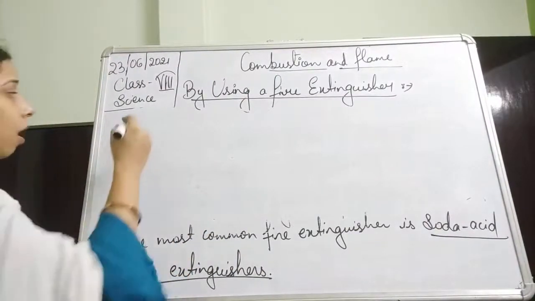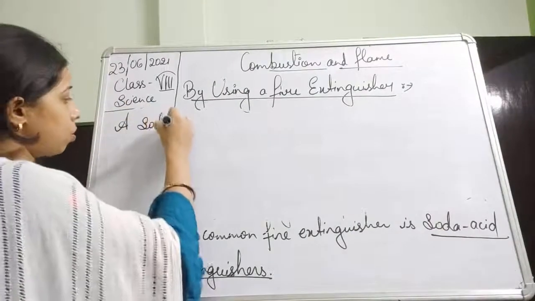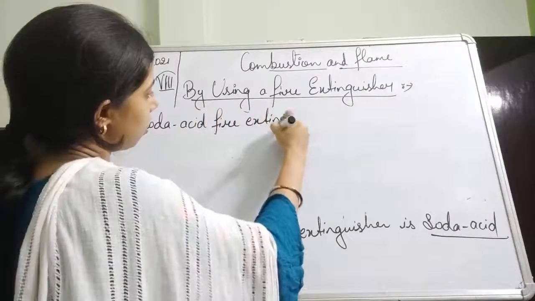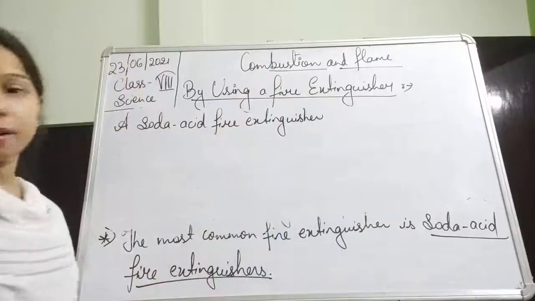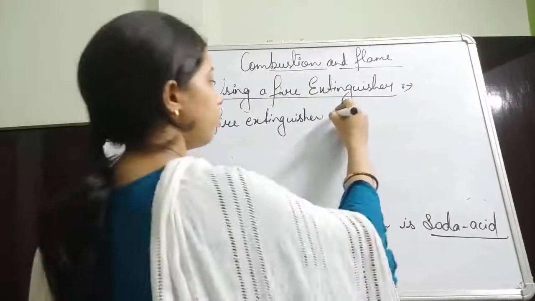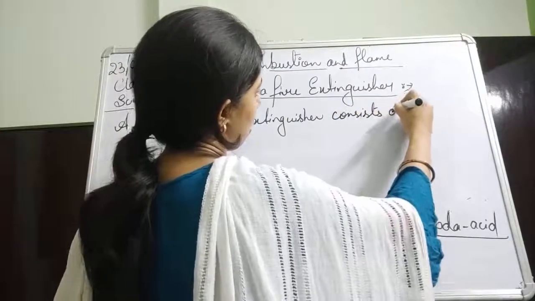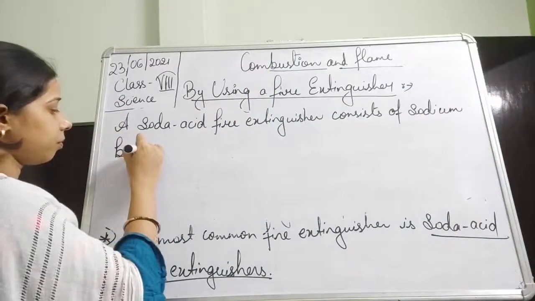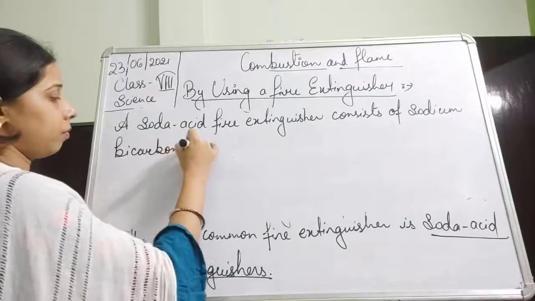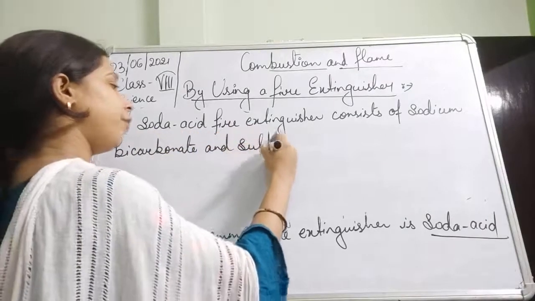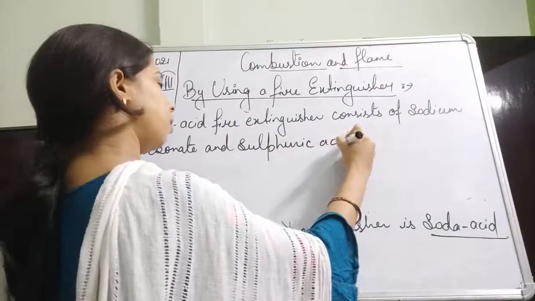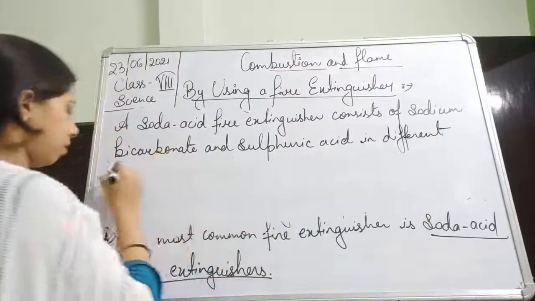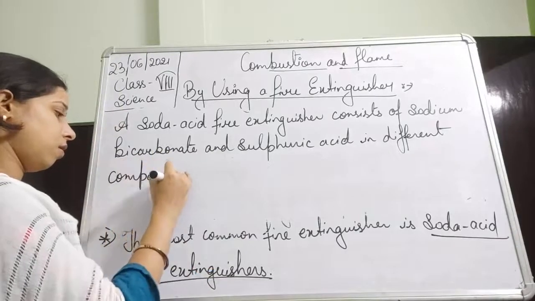So, a soda acid fire extinguisher consists of sodium bicarbonate and sulfuric acid in different compartments.